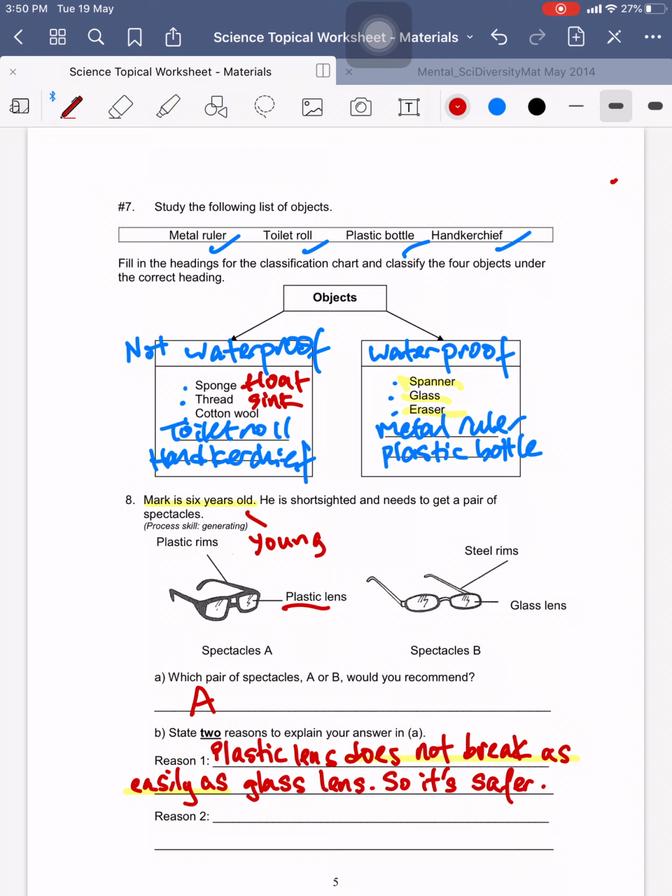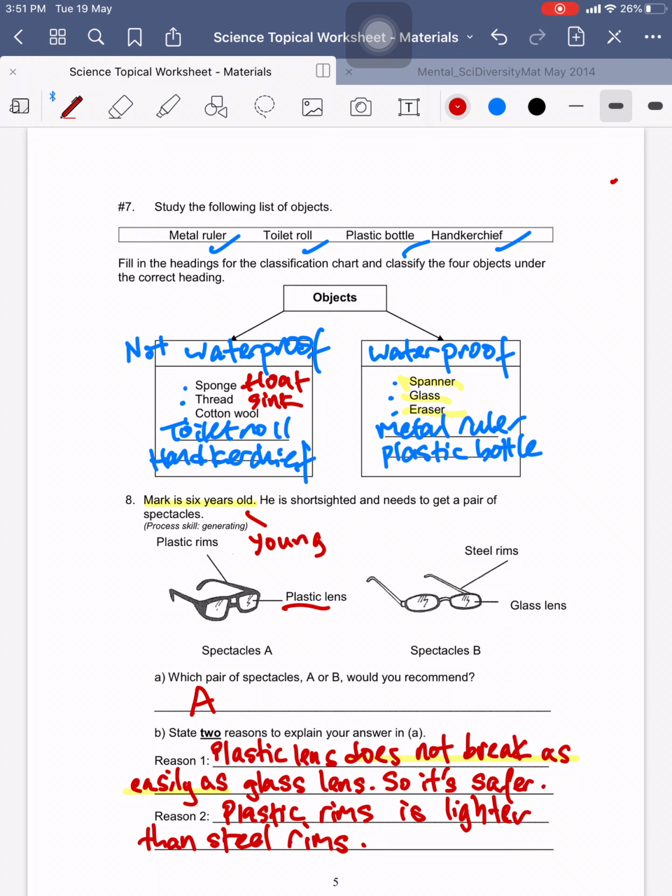Now the next reason, plastic rims is lighter than steel rims.